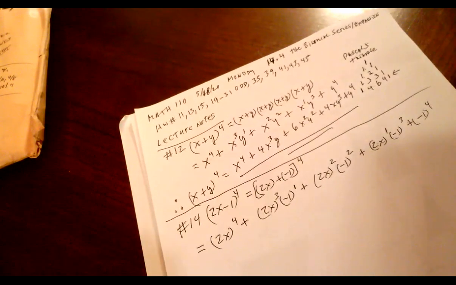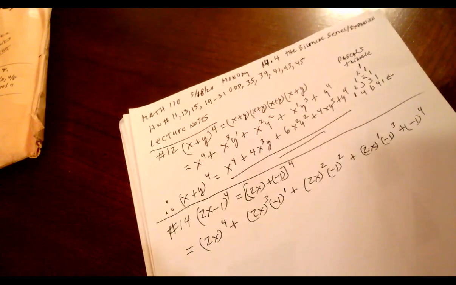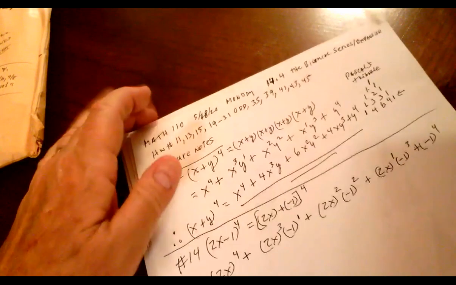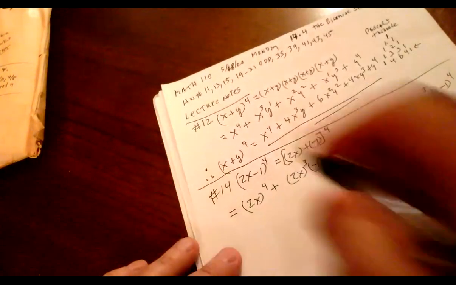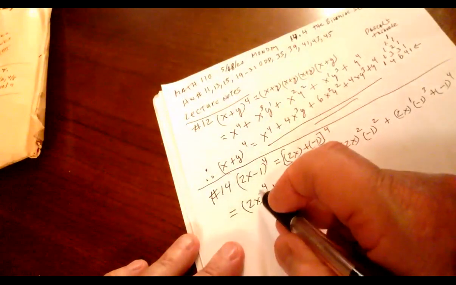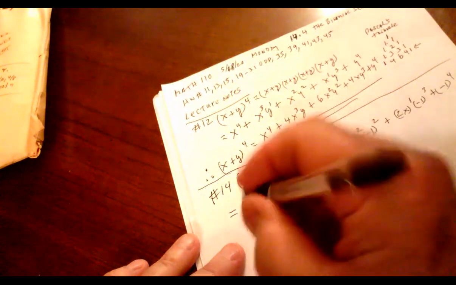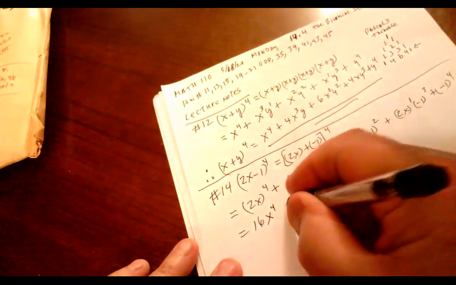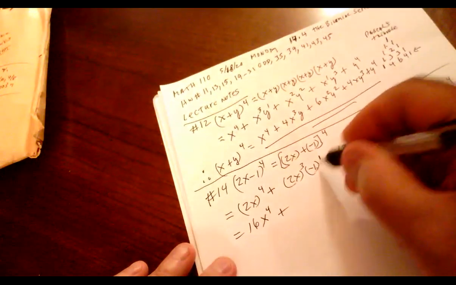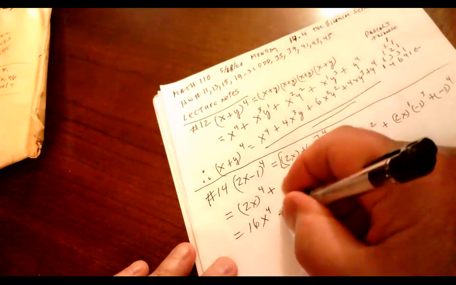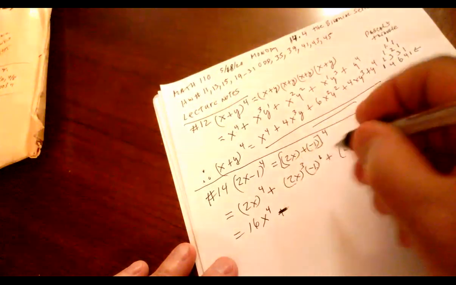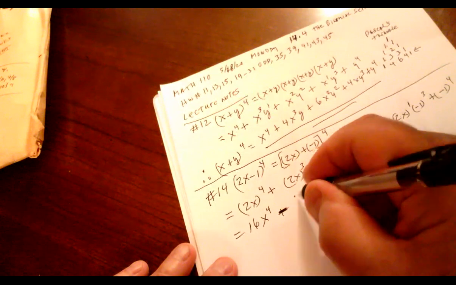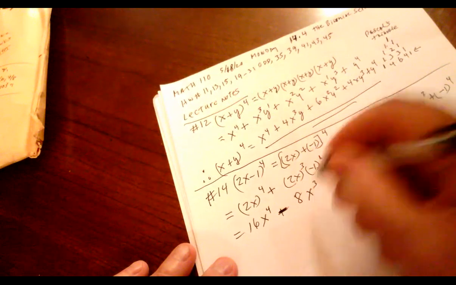That's without the coefficients, mind you, but we want to now make it a little prettier, if you will, before we layer on the coefficients to this. So 2 to the fourth power is 2 times 2 is 4, 4 times 4 is 16. This equals 16x to the fourth power, plus -1 to the 1 is a minus, so it's not a plus, it's a minus. 2 times 2 is 4 times 2 is 8, 8x cubed.